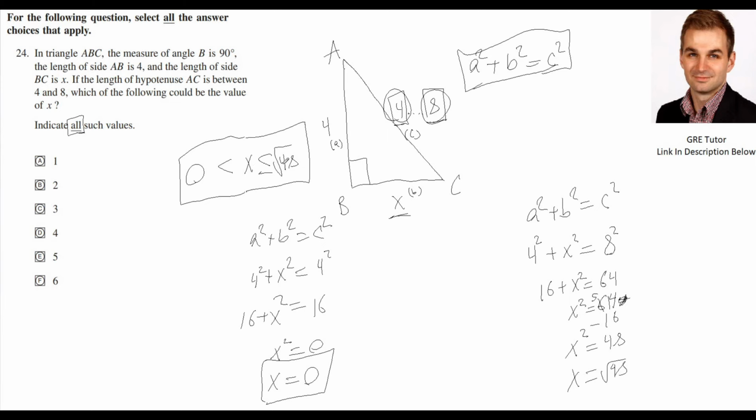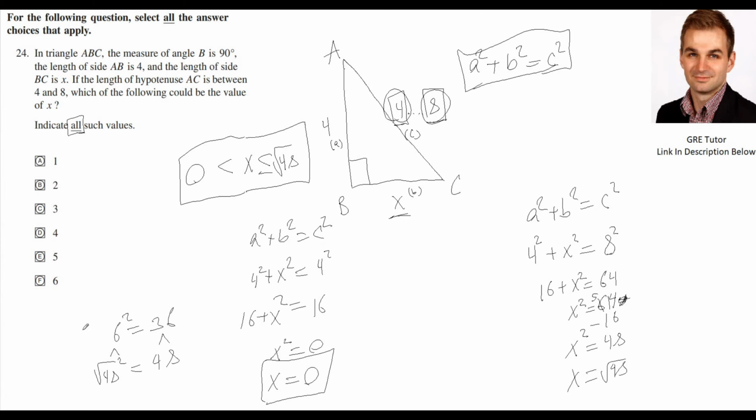Is 6 smaller than the square root of 48? Well, let's find out. 6 squared is equal to 36. The square root of 48 squared is equal to 48. Since 36 is less than 48, 6 squared is less than the square root of 48 squared.